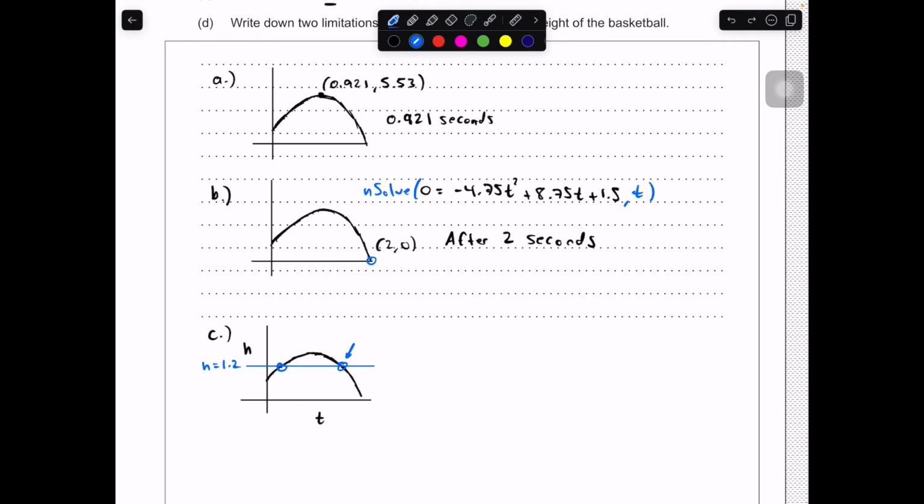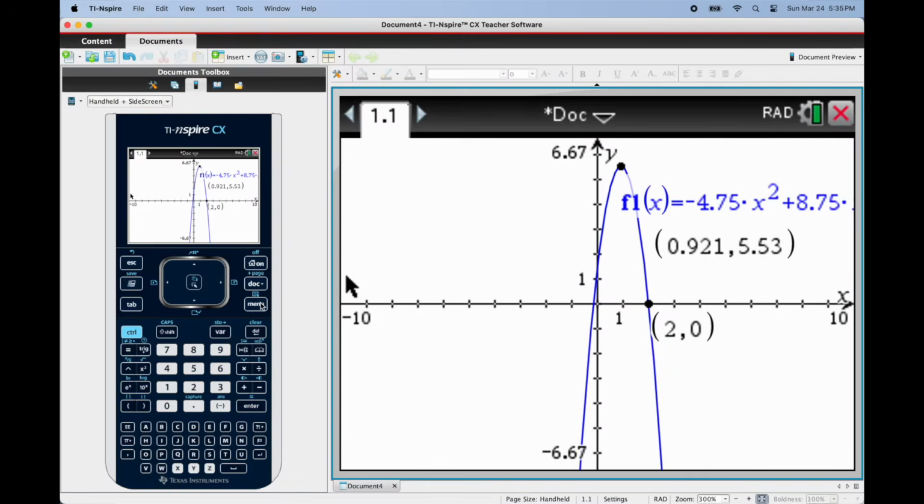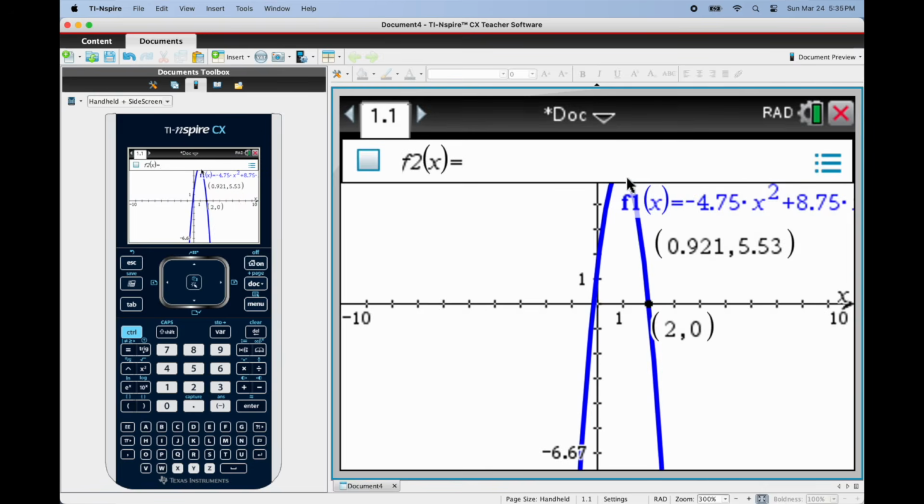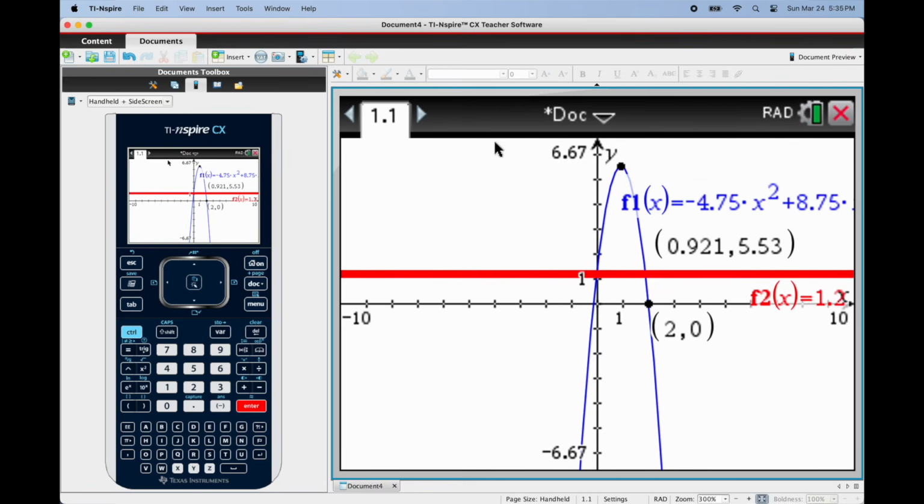Alright, so let's go to the document, the calculator, and let's create another function. So Menu, Graph Entry, Function, and let's put a value of f of x, or essentially just y, is equal to 1.2. Alright, and we want to find the point at which we intersect.